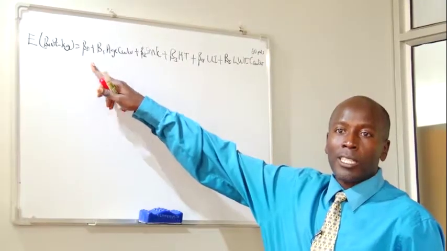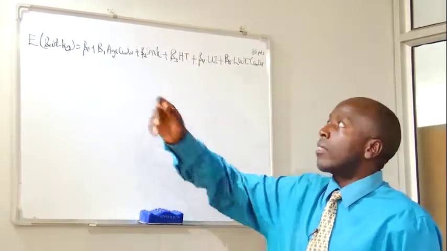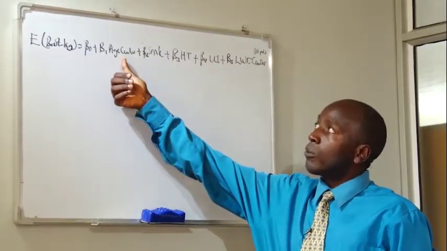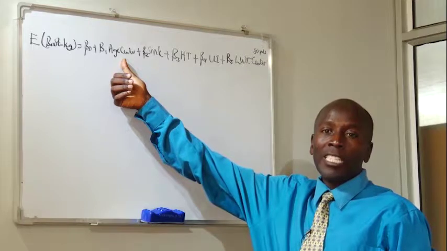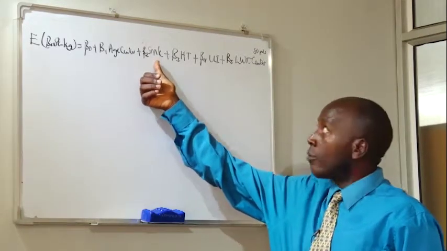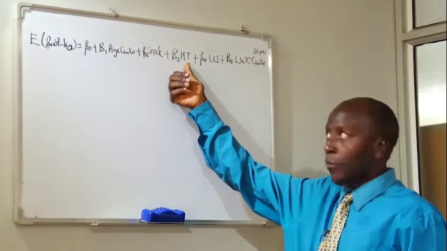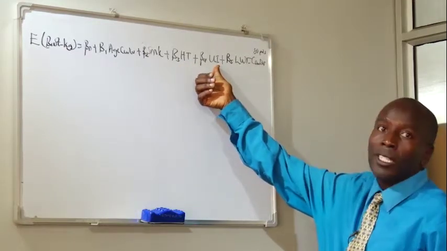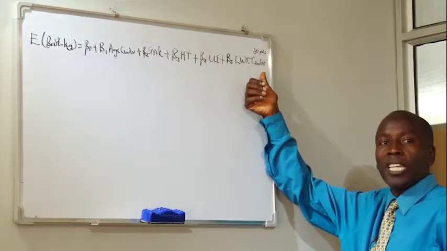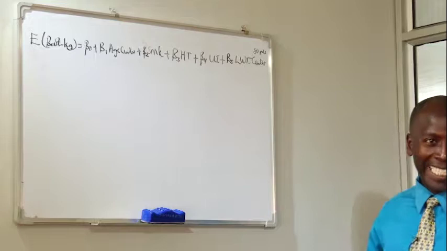Beta naught is the expected baby's birth weight for a mother whose age is 14 years, because this has to come 0, non-smoker, doesn't have hypertension, doesn't have irritability, and whose weight at last menstrual period was 80 pounds.